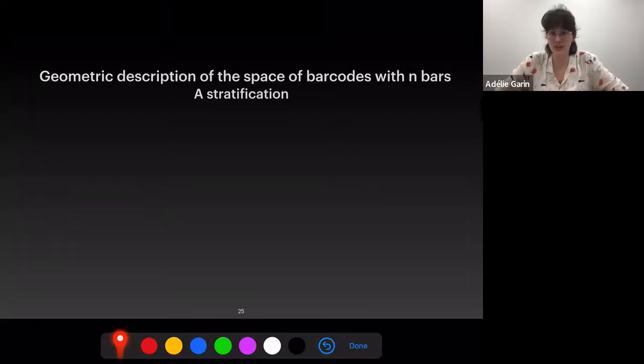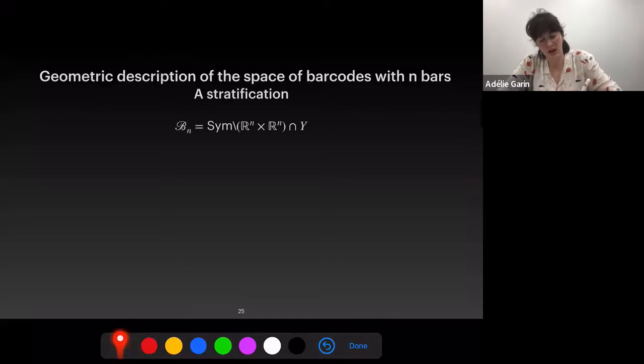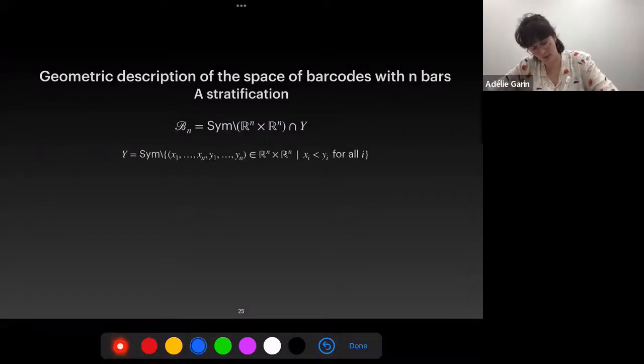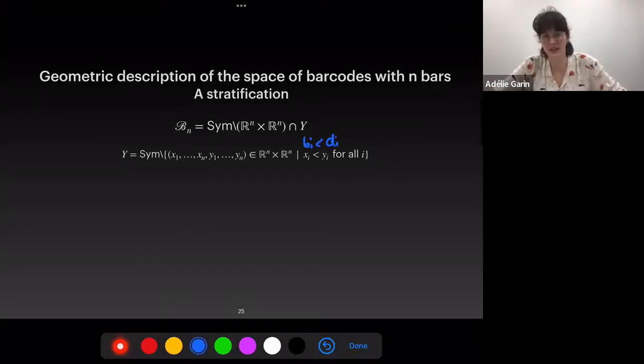We also obtain a stratification of the space. So if I have Bn, I consider it as Rn for the birth, another copy of Rn for the death, intersected with Y just to force that the births are always smaller than the deaths. You don't want to die before you're even born.